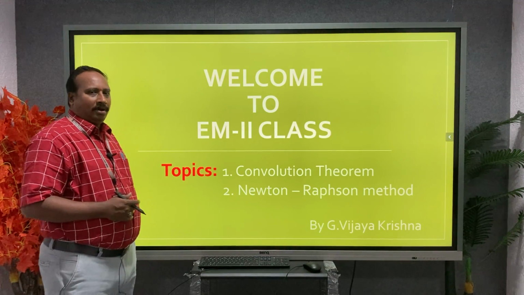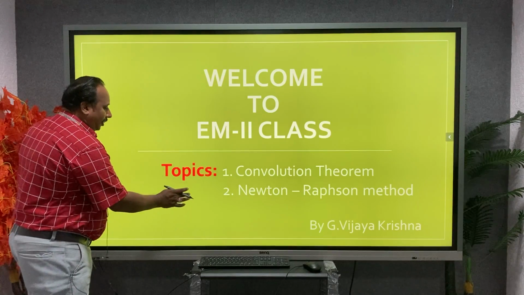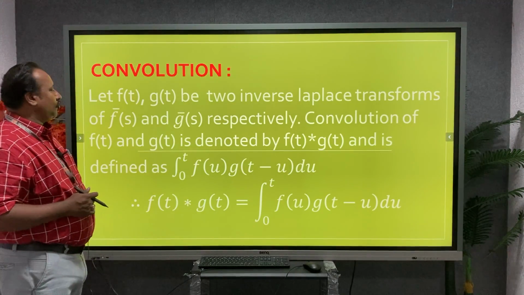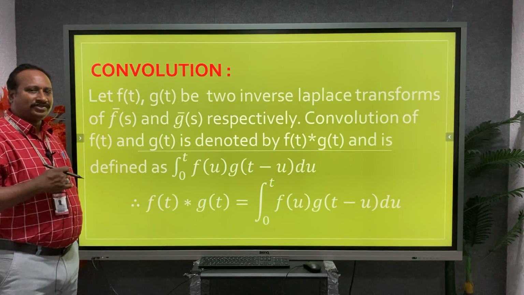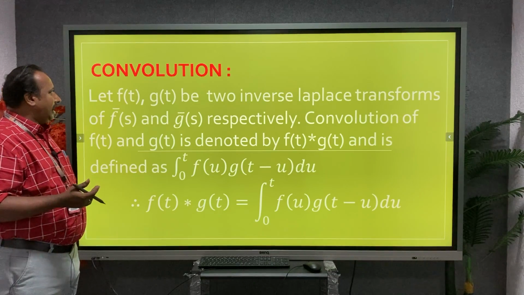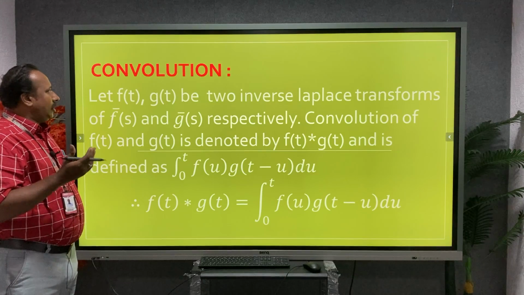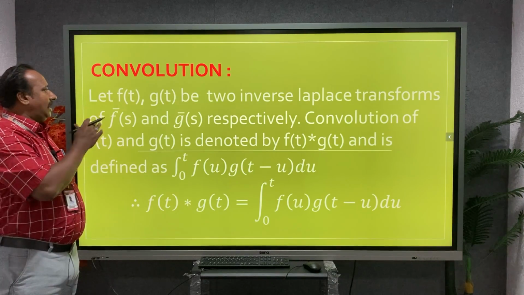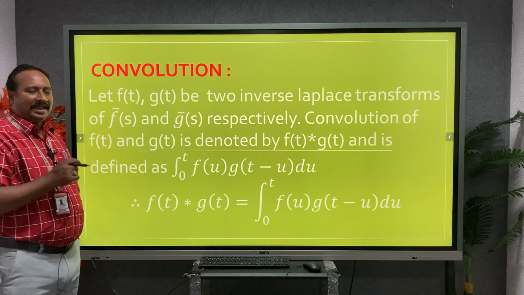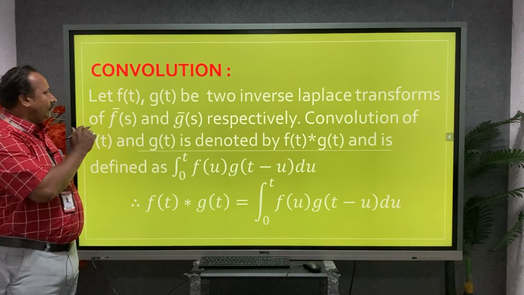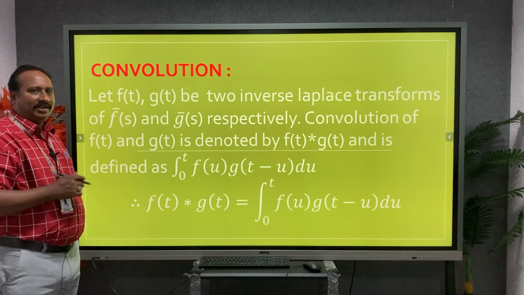So coming to the convolution theorem. Before going to the convolution theorem, first I am going to explain convolution. What is a convolution? If you want to explain convolution, first we have to take two functions which are inverse Laplace transforms. One is f of t and another one is g of t.